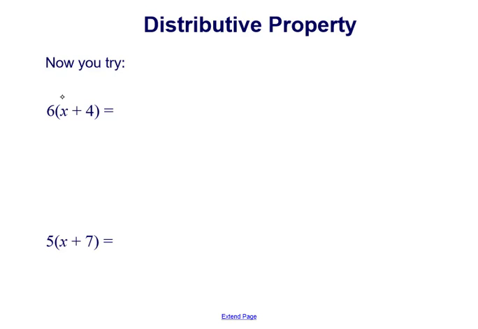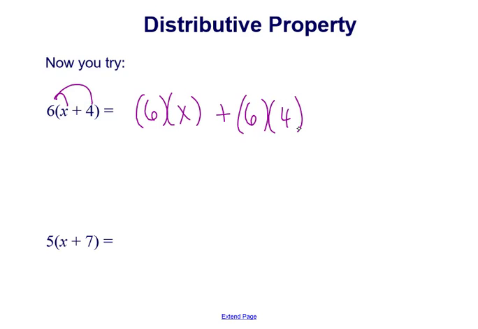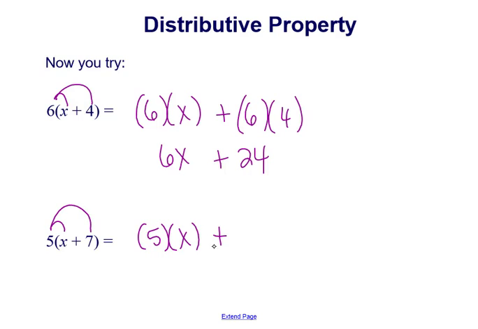So in the first expression, the first example, we'll have 6 times x plus 6 times 4. And we can simplify that to 6x plus 24. In the second expression, or example, we'll have 5 times x plus then 5 times 7.